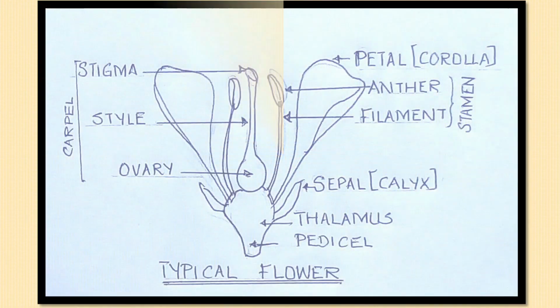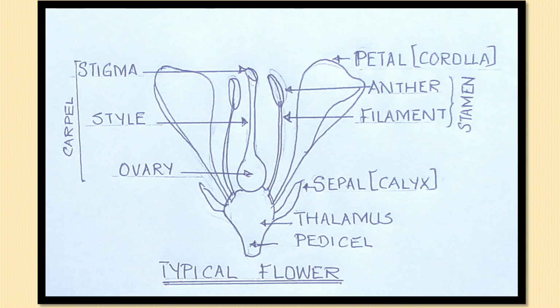Let us look into the structure of a flower. The stalk of the flower is called the pedicel. The different parts of a flower are arranged in whorls. There are four distinct whorls on the thalamus or on the receptacle.